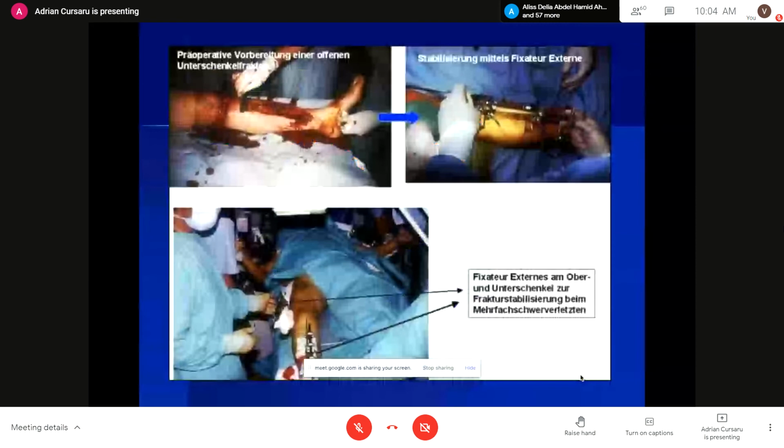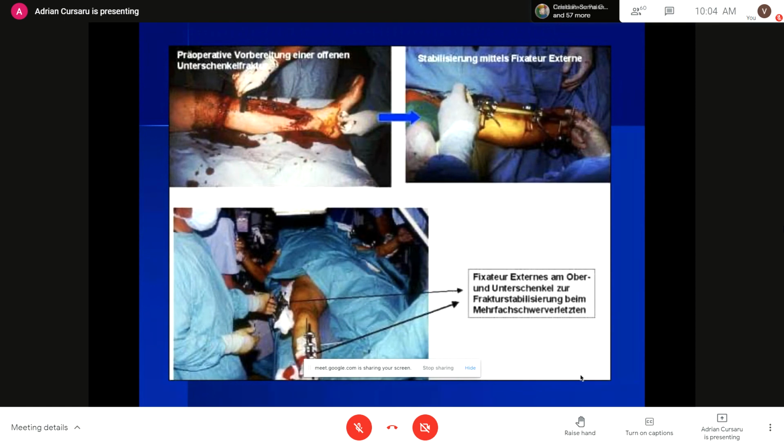Like in that image, you can see there is a wound, it is an open fracture. In that case, you cannot make a closed reduction because it is open from the accident. But you cannot make an open reduction and a normal fixation with the plate. Why do you think we cannot make that?